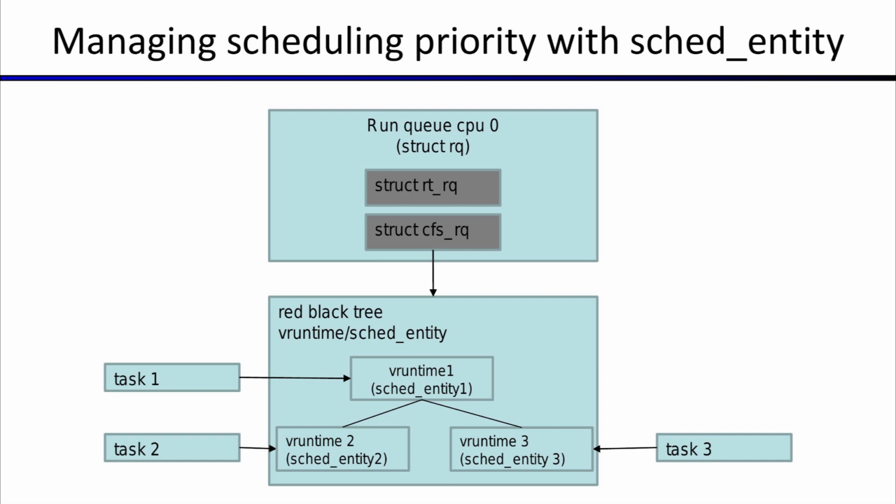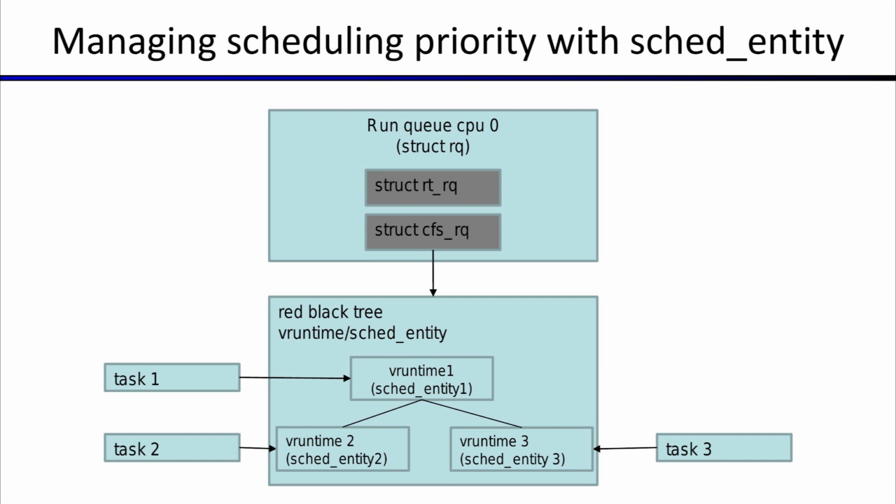We are going to talk about the second run queue here for the normal processes, which is using the completely fair scheduler, CFS. This one will point internally to the red-black tree with the V runtimes, and you can see from this structure that task 2, which is pointing to V runtime 2, is the leftmost one that'll have the lowest runtime and therefore will be selected to run.